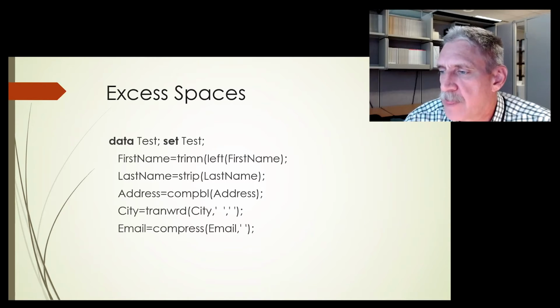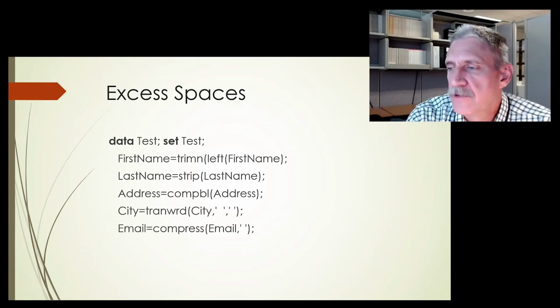Address, comp BL, that's telling it to remove all double spaces. Now, you could have, say, 3 spaces in a row or 4 spaces in a row. It will take any number of spaces and reduce it down to 1. With city, I've done the trans word and said if you look and find 2 spaces, replace it with just 1.